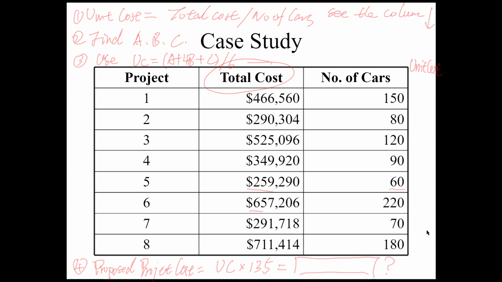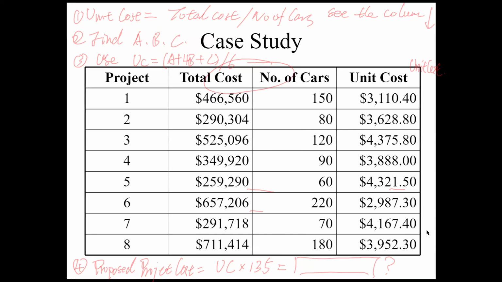The first step, you do the calculation to find your unit cost. Second step, you find what is A, what is B, what is C. And the third step, you use the formula to get your UC. And the fourth step is finding your proposed project cost, which is UC times, in this case, 135, right?